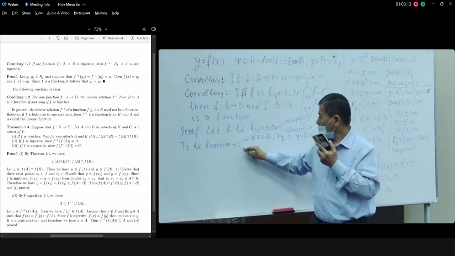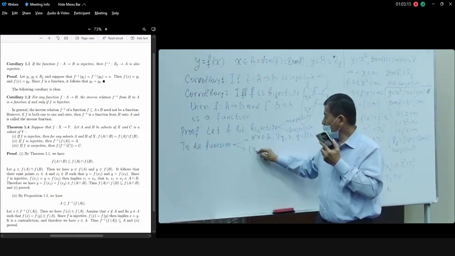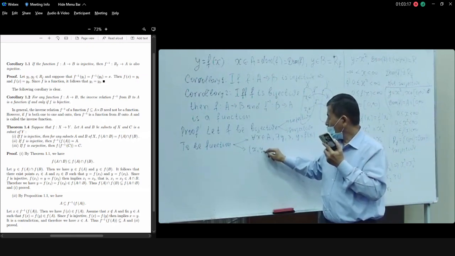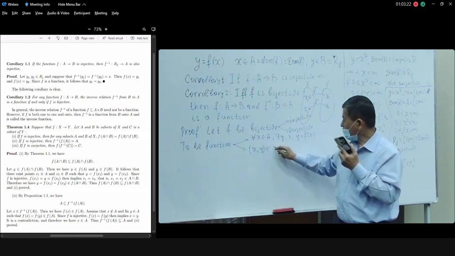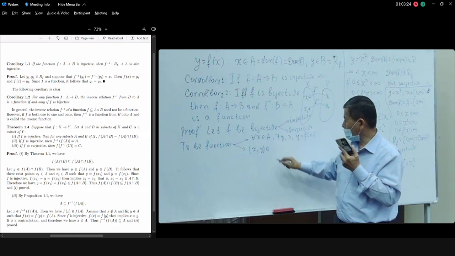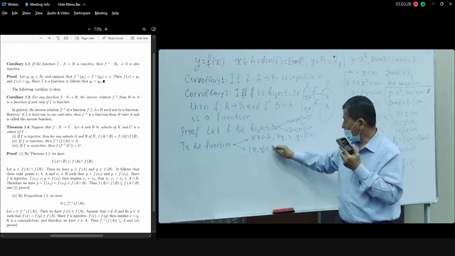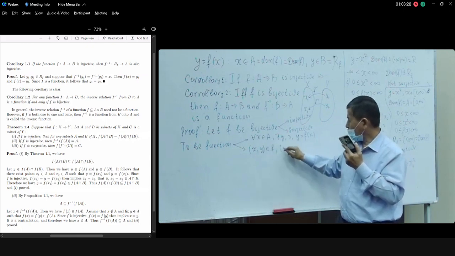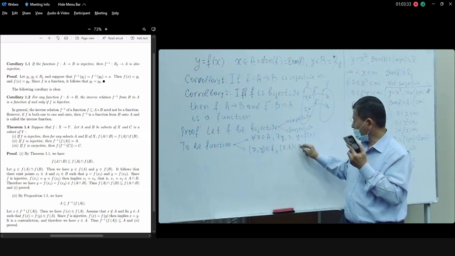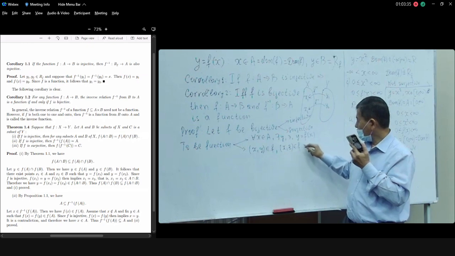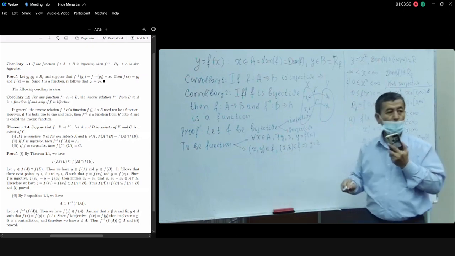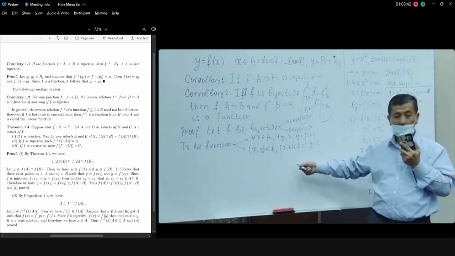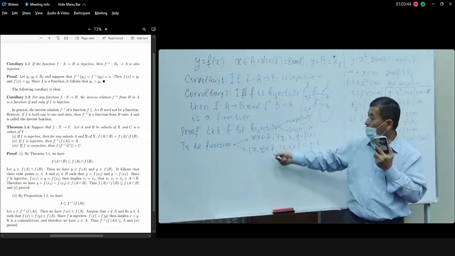Second, if we take two points, y from the binary relation f and x z from f, then y equals z. If I'm not mistaken, this is the definition of the function.